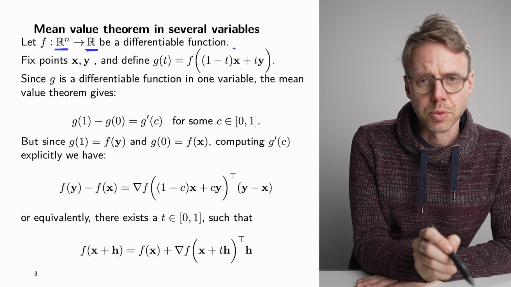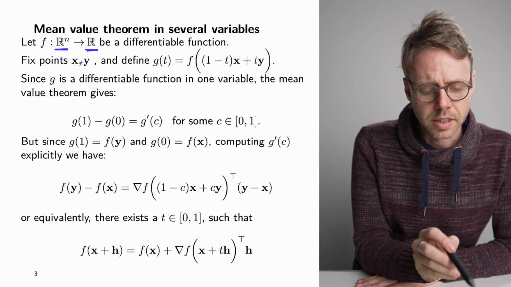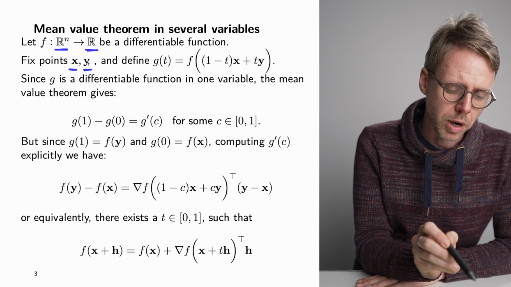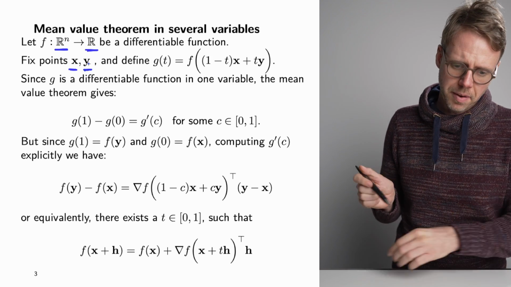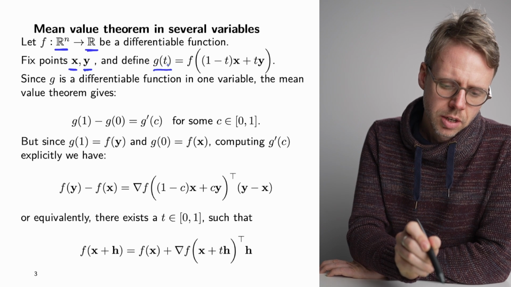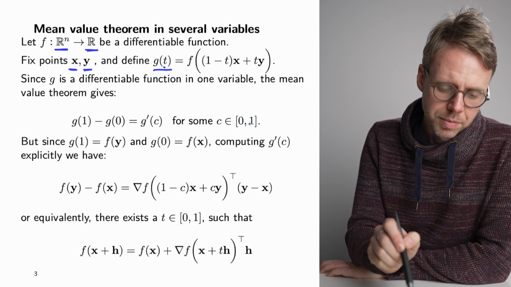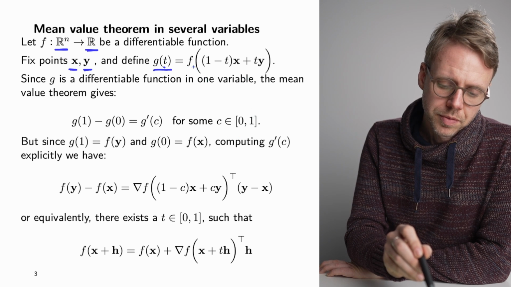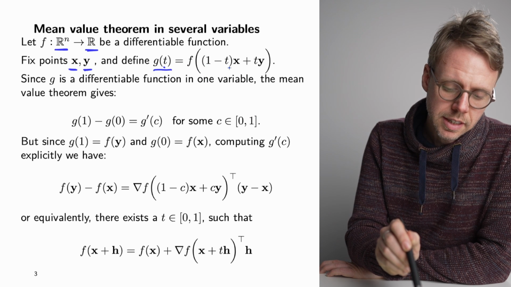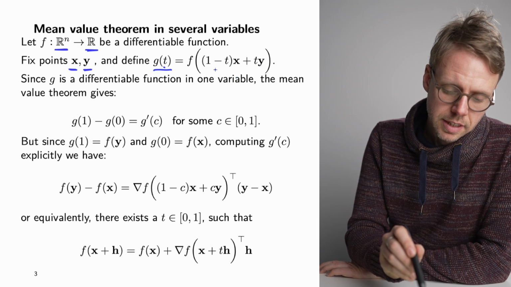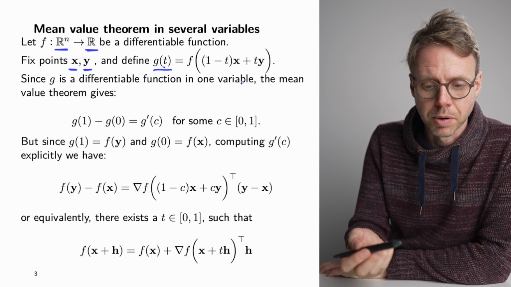Now, one way to generalize this is we can fix two points x and y, so these are two vectors, elements of R^n, and define a new function g, which takes a scalar input from the interval 0 to 1, that is equal to f of (1 minus t) times x plus t times y. Remember that we said t is in the interval between 0 and 1.